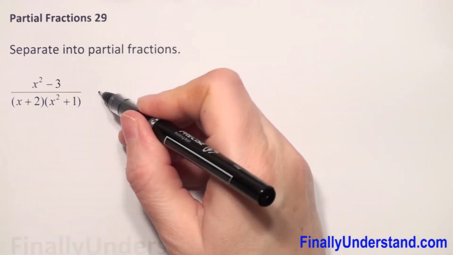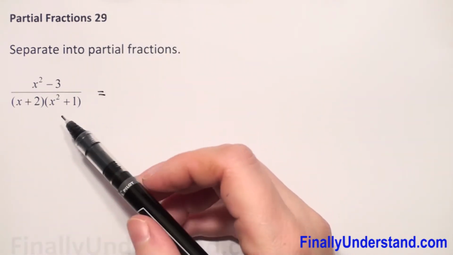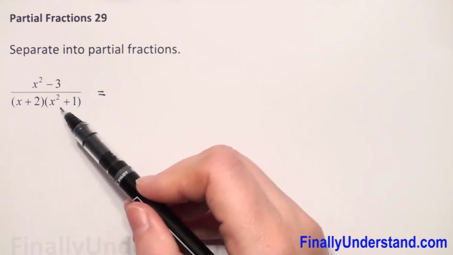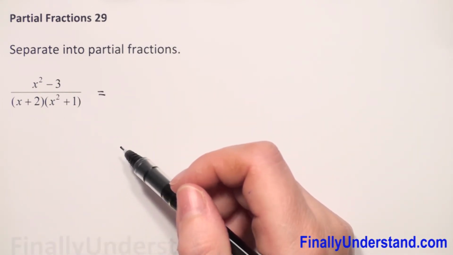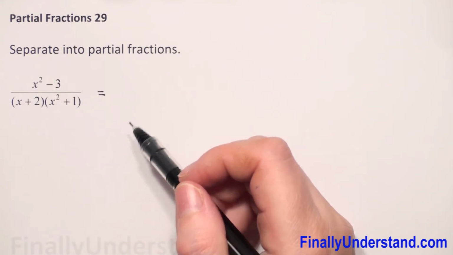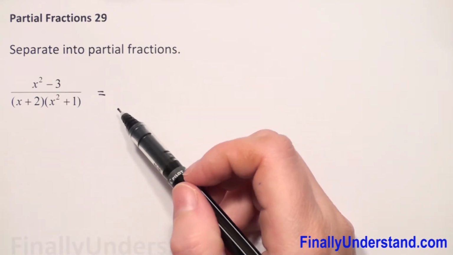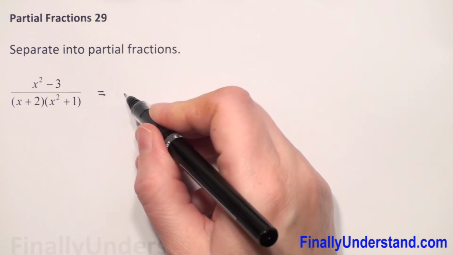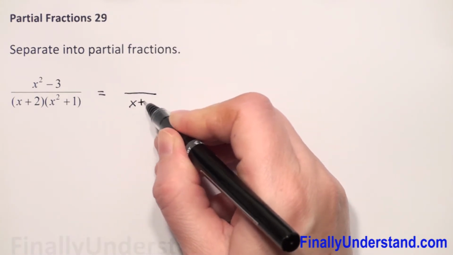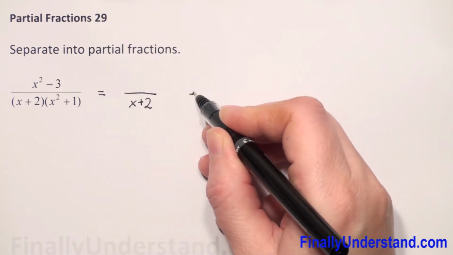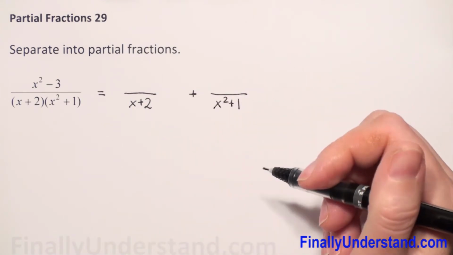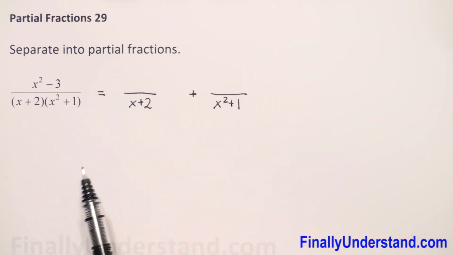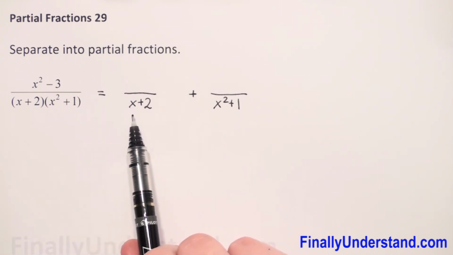We have to rewrite that this is equal, and now every factor of the denominator is the denominator of our partial fractions. So first we have x plus 2, the first factor, and we have x squared plus 1, the second factor. And next we have to check our denominators.